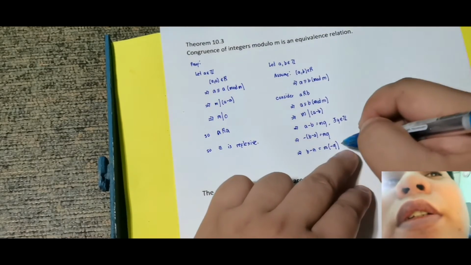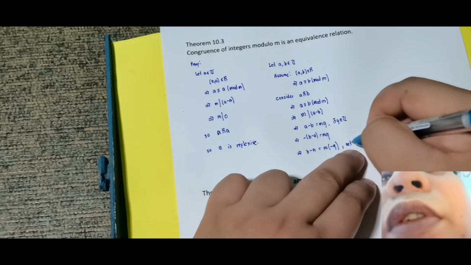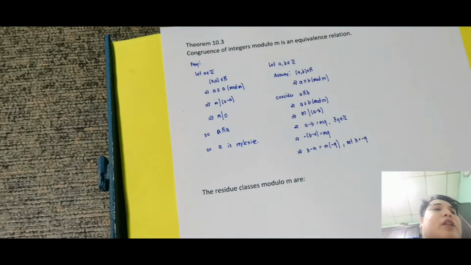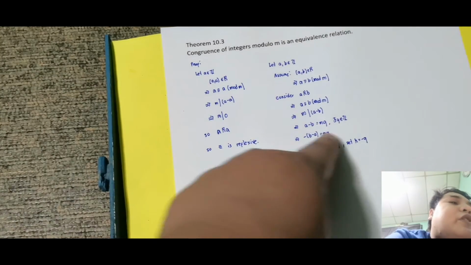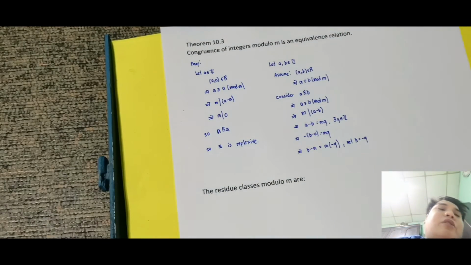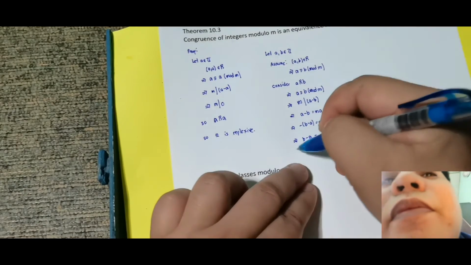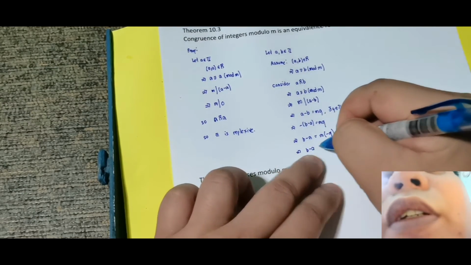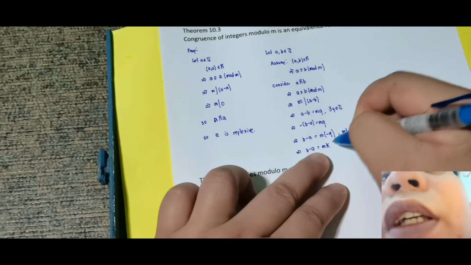So set natin k to be equal sa negative q. Since yung negative q is an integer lang, bakit sir? Si q integer. Divide ko lang, multiply ko siya sa negative, integer pa rin siya. So we have b minus a is equal to mk.